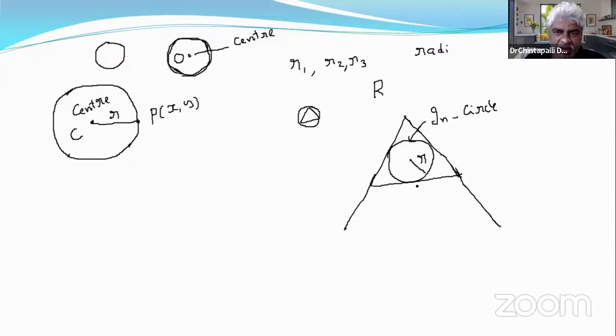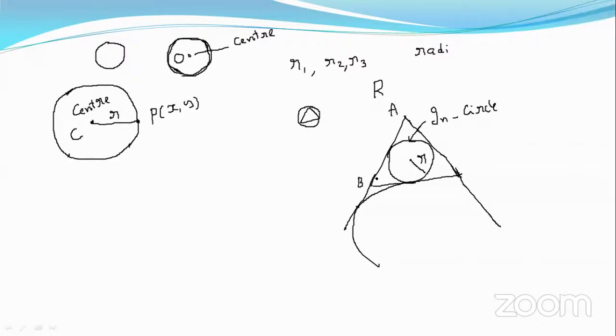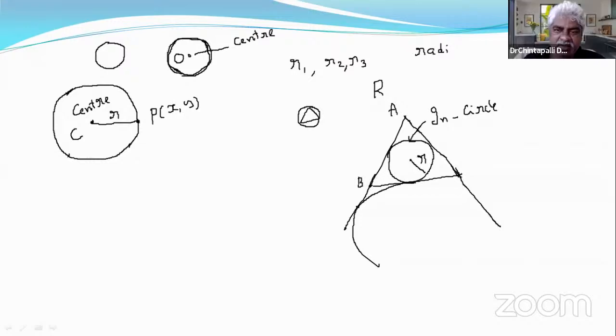It is the circle touching the three sides of the triangle. One side is AB. The side AB is being touched by the circle here.